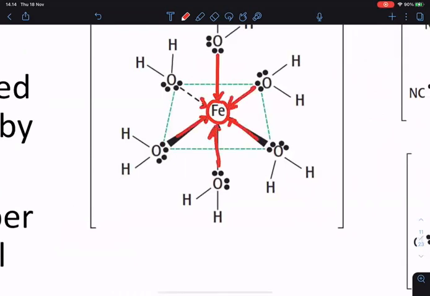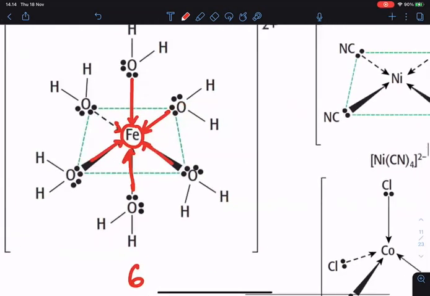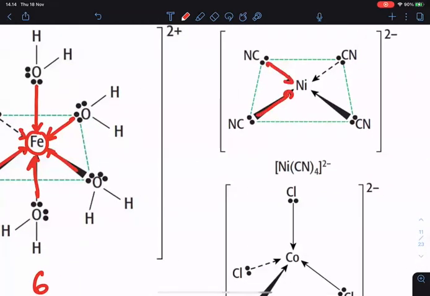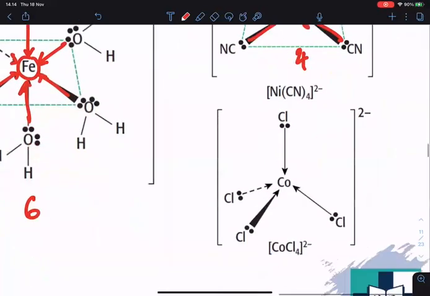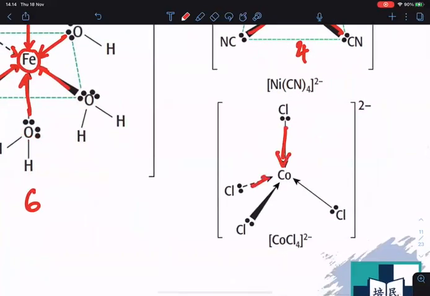So what is the coordination number? 6. What is the coordination number over here? In total they form 4. Coordination number is 4. What is the coordination number over here? In total they have 4, so it means 4. As long as we just count the total number of coordinate bonds formed to the central metal or the central ion.